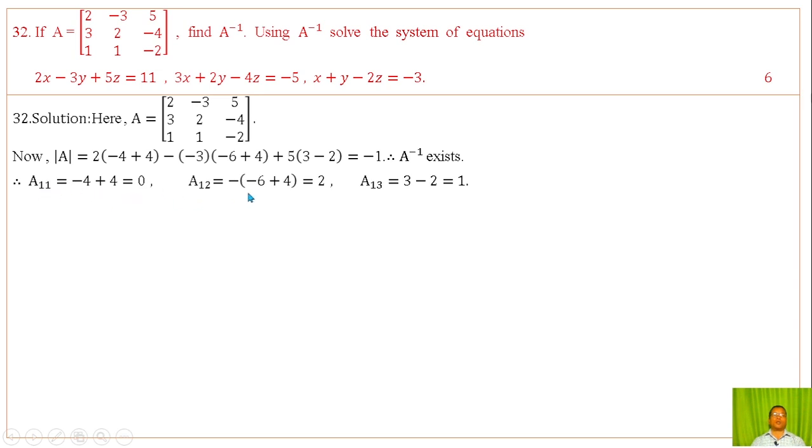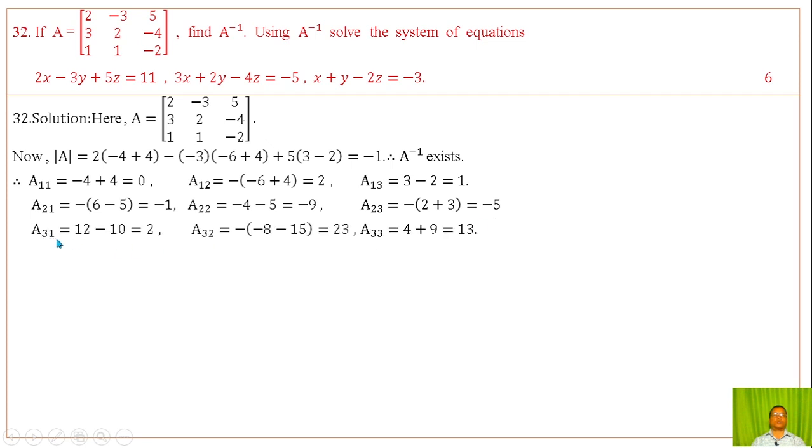For A of 1, 2, the cofactor is 2, A of 1, 3, the cofactor is 1, A of 2, 1, the cofactor is -1, A of 2, 2, the cofactor is -9, A of 2, 3, the cofactor is -5, A of 3, 1, the cofactor is 2, A of 3, 2, the cofactor is 23, A of 3, 3, the cofactor is 13.